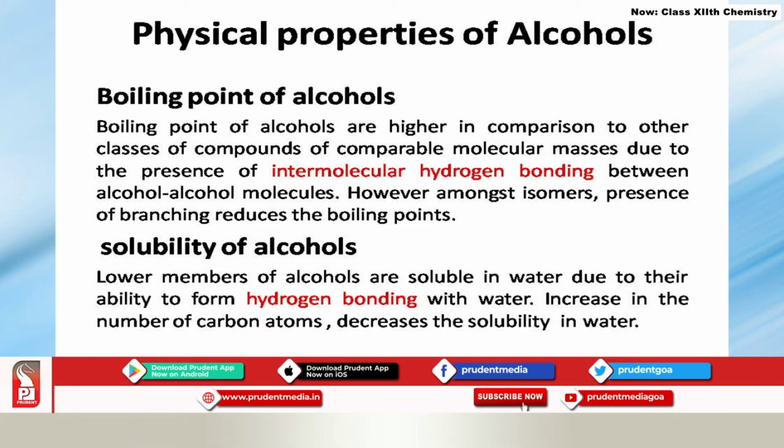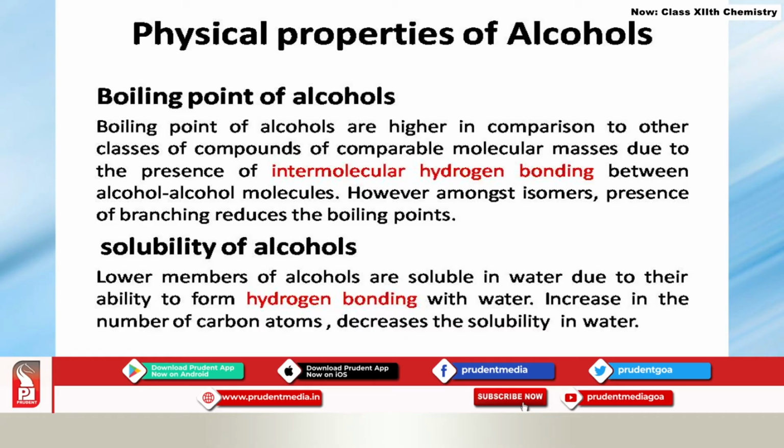We know that boiling points of alcohols are much higher than those of compounds of similar molecular masses. This is due to the presence of intermolecular hydrogen bonding between alcohol molecules, which makes it very strong. All the molecules are strongly held with each other and therefore it requires higher energy to break these intermolecular forces of interaction.